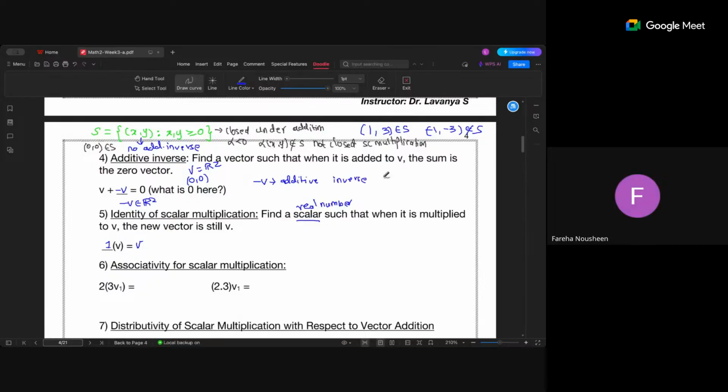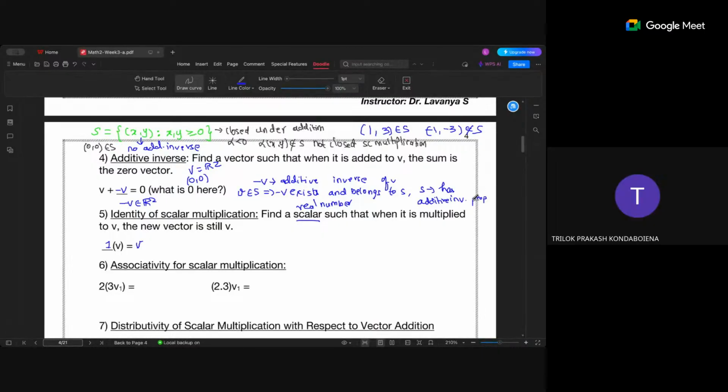For every v in S, if minus v exists first of all and belongs to S, then we say that S has the additive inverse property. The inverse may or may not exist.